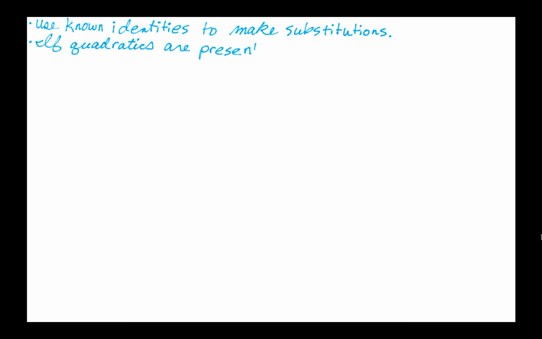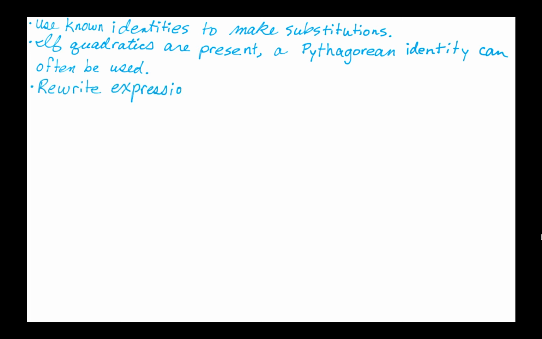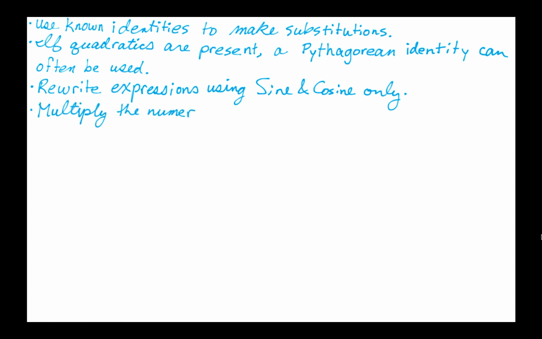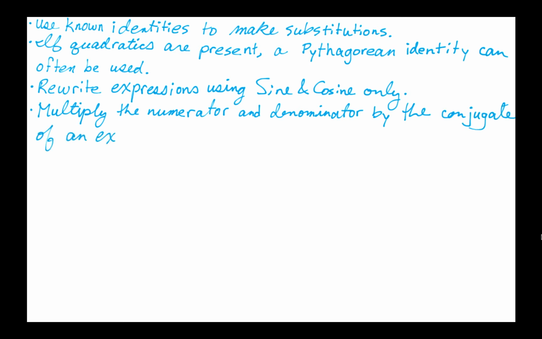If you have quadratics present, often you can use Pythagorean identities to do further substitutions and sometimes simplifications. You can rewrite expressions using only sine and cosine functions. You can multiply the numerator and denominator of an expression by the conjugate of something.